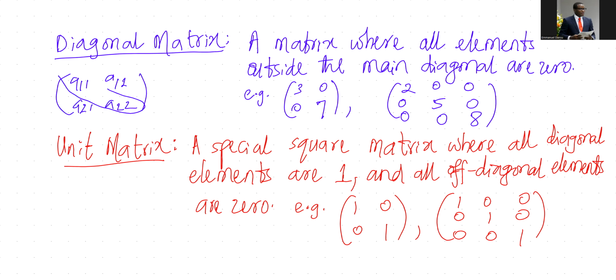So this is the main diagonal. I guess I should use another color to make it different. Say black. Okay, so this is the main diagonal. Then this other one is the other diagonal, if you like.